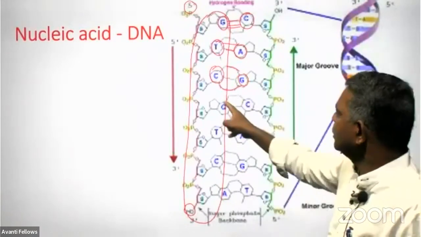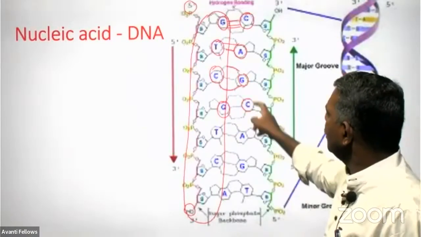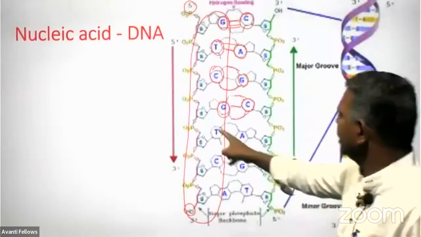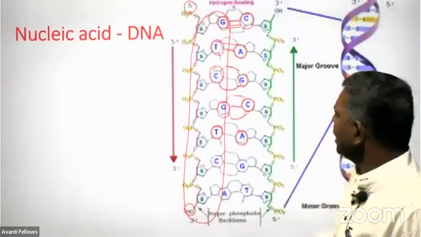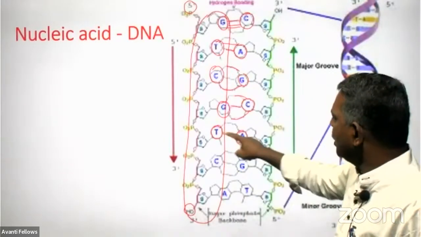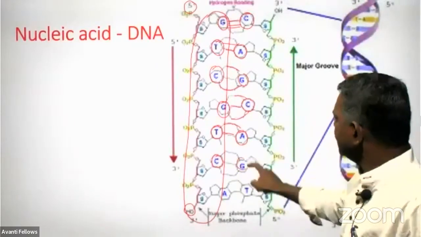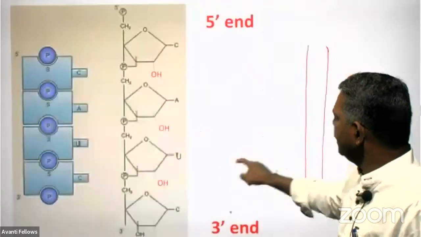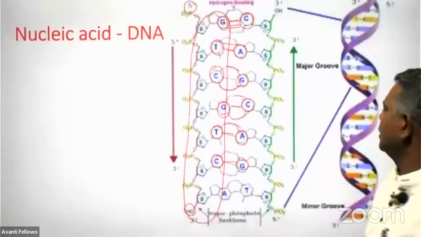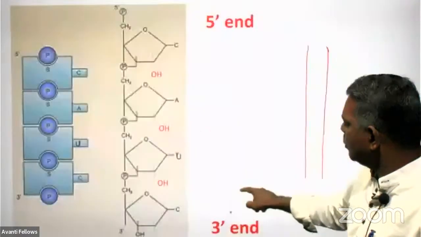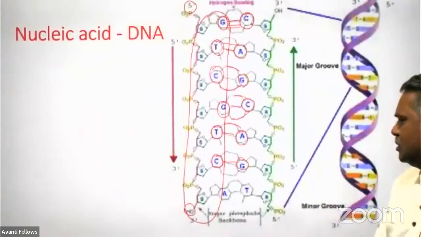And here cytosine is connected to the guanine with three hydrogen bonds. And here we can find the connection between adenine and thymine with hydrogen bonds, and only two facilities here, right? And here cytosine is connected to guanine with three hydrogen bonds, right? So adenine here is connected to thymine with only two hydrogen bonds.